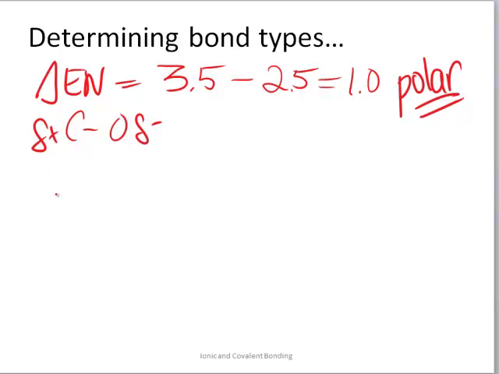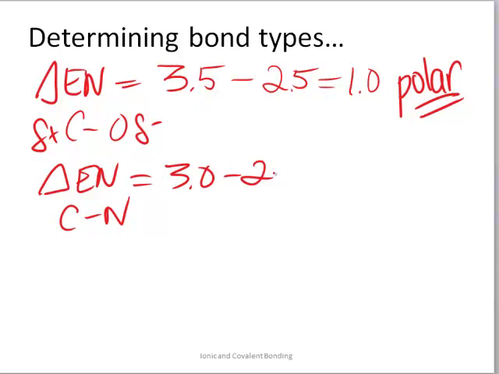Okay, let's look at the value for a carbon-nitrogen bond. Nitrogen has an electronegativity value of 3.0. Carbon is still 2.5. That will give us a value of 0.5, and again, that's greater than our 0.4 cutoff. And so this bond will be polar.